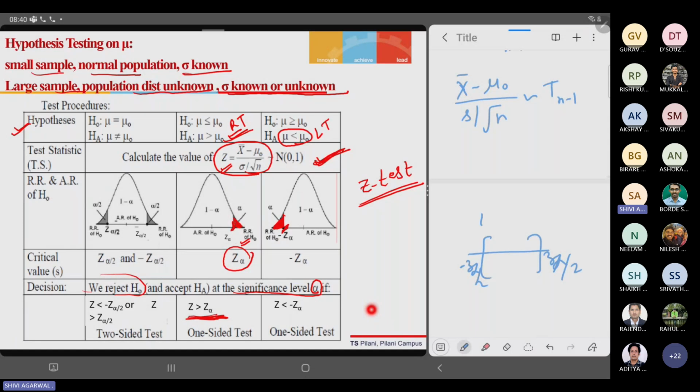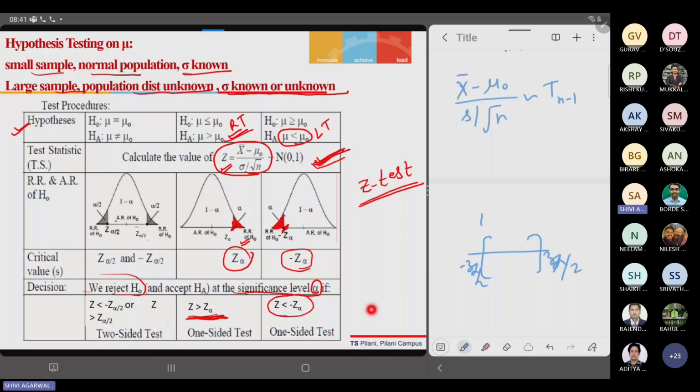It is one tail, so Z alpha, and two tails, then Z alpha by 2, because we are dividing the complete area alpha into two parts, because it is a two-tail problem. Correct? So here it is minus Z alpha. So we calculate Z and then we compare: if Z is less than minus Z alpha, we reject H naught.